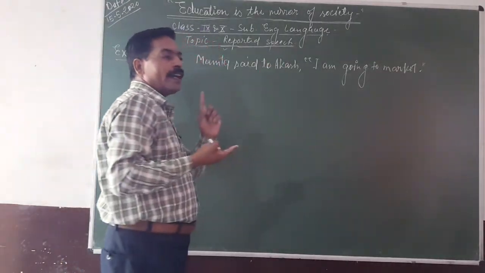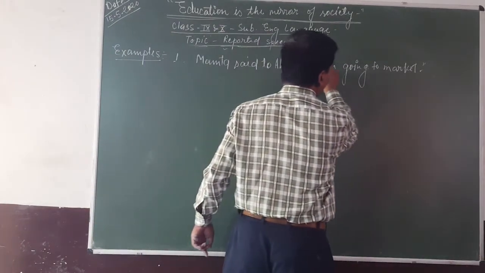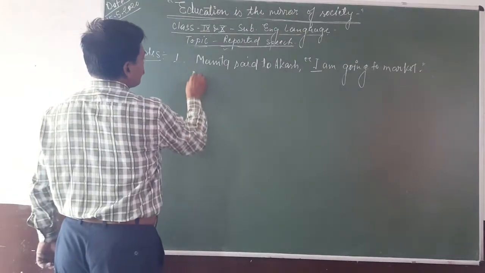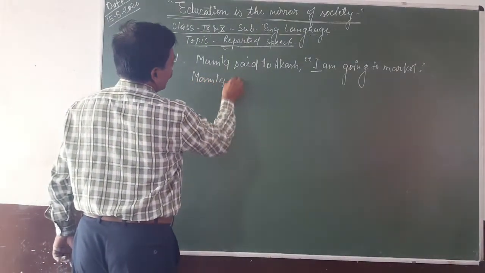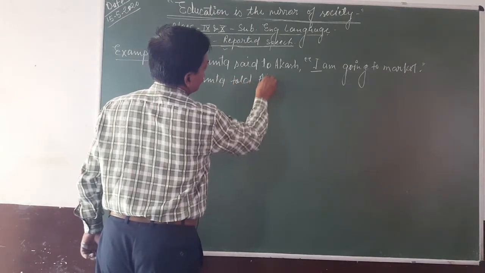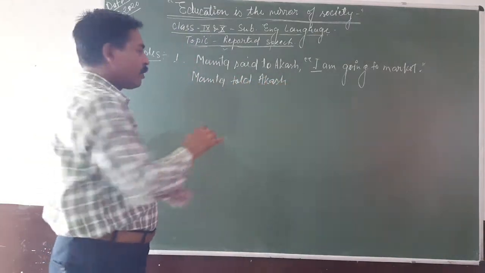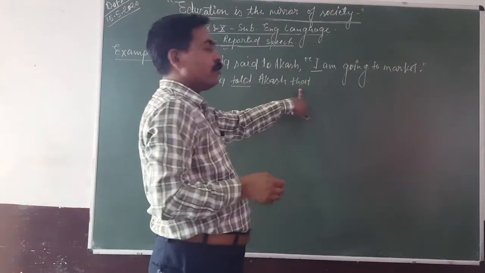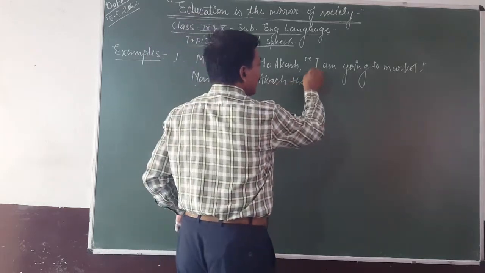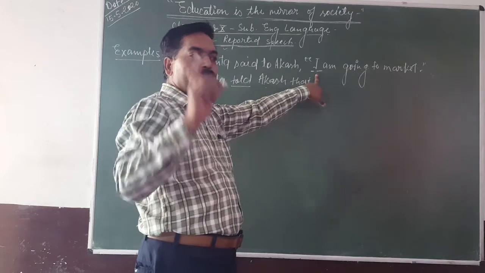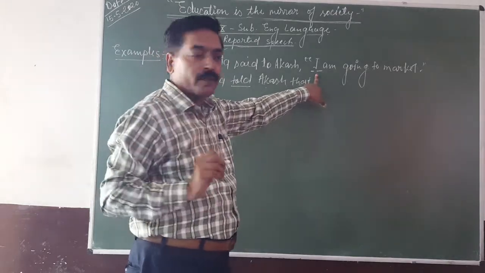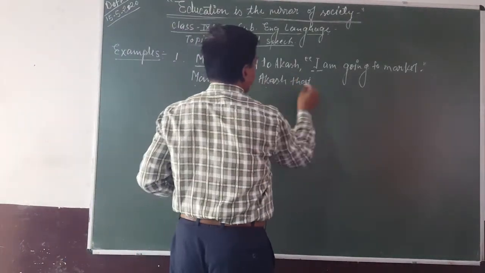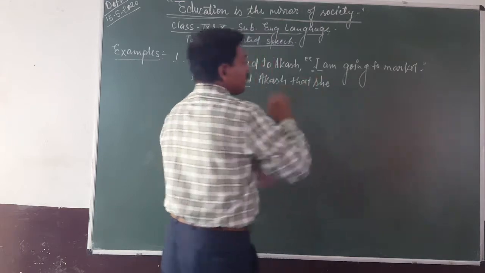In this direct sentence, the pronoun I is given in reported speech, so change: Mamta told Akash that, in place of the comma and inverted commas use the conjunction that. After that, I. According to the rule, I and we change according to the reporting verb's subject, and here the subject is Mamta. So according to the subject, I changes into she.